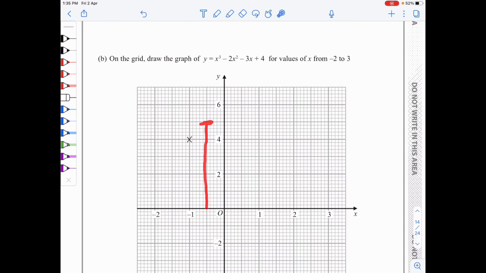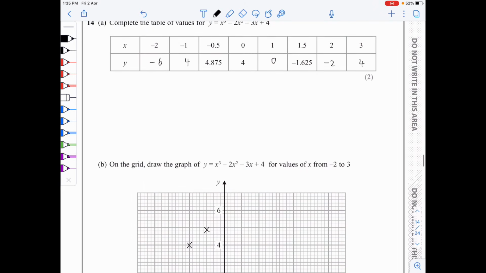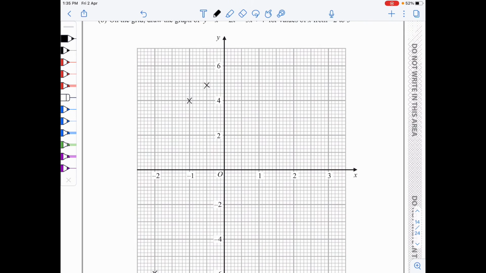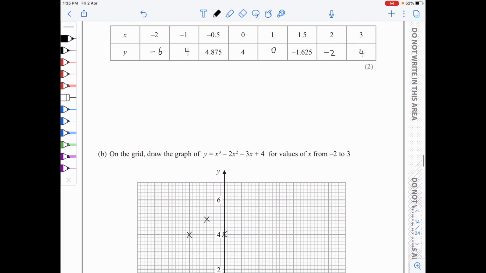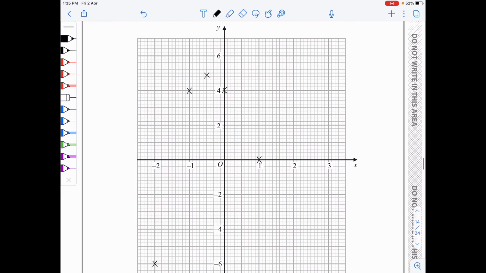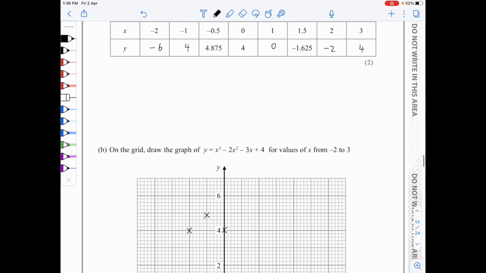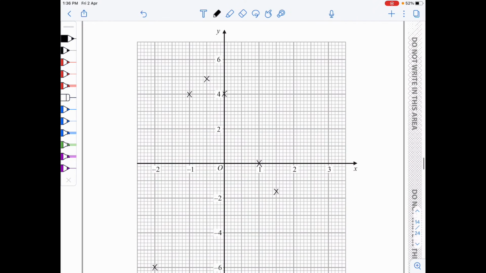So I'm just gonna stay a bit behind the 5 mark. We then have the 0, 4 and the 1, 0. And we then have 1.5, minus 1.625, which is somewhere there. And then 2, minus 2 and 3, 4.